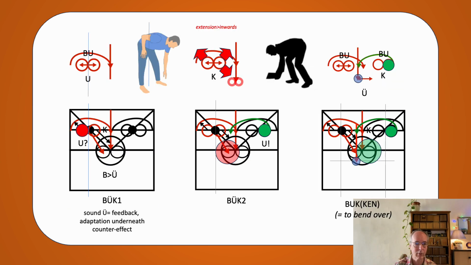I will try to explain it with some drawings. So the sound U is always looking for a feedback process, an adaptation from underneath, a counter effect. This counter effect with the K will have to break, but it cannot break through the limitations of the B. So it will follow the whole B form and will turn back inside, because there's no other place to go.